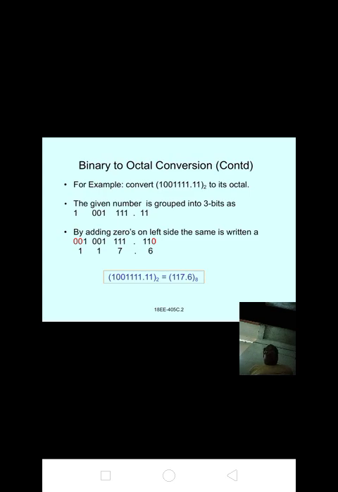By adding zeros on the left side, the same is written as 001 001 111.110 is not needed; the number becomes 100.111 grouped as 100 and 111 with padding. For 001 it is 1, 001 it is 1, 111 it is 7, point, for 110 it is 6.